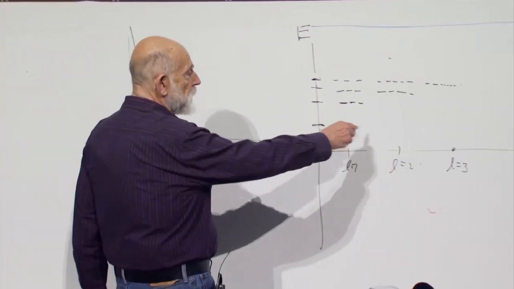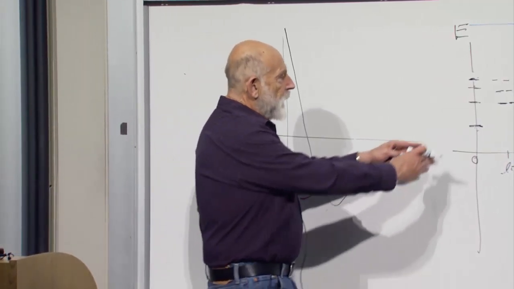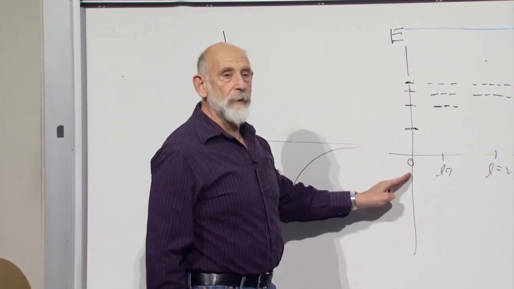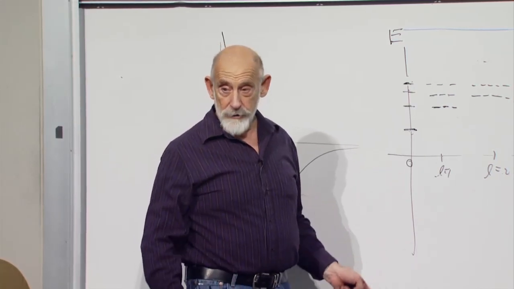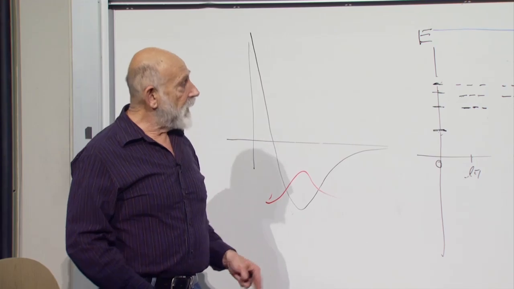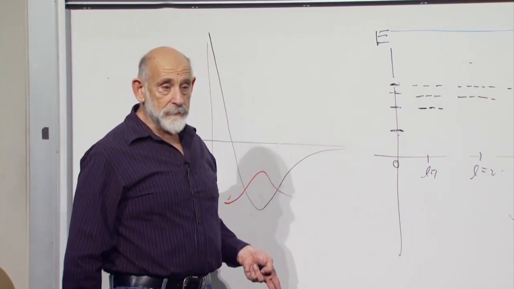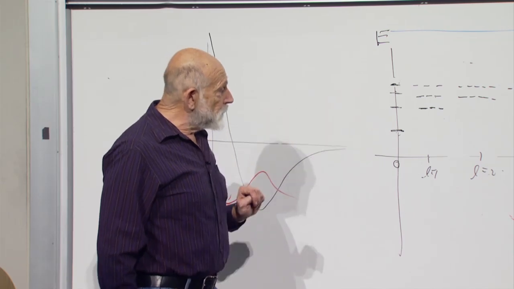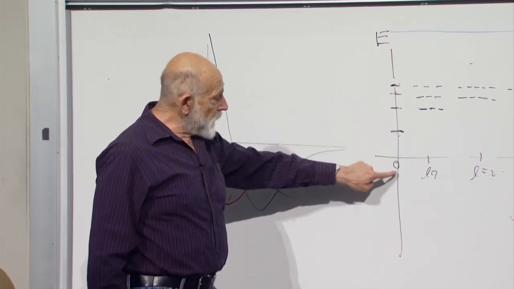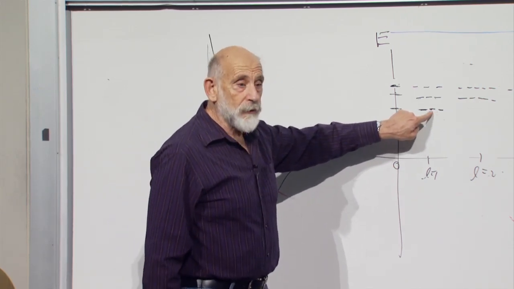What is the degeneracy at each level? Here's the lowest energy level. There's only one state. It has angular momentum 0. It's called the ground state. It's the lowest energy state of the atom. If this were the hydrogen atom, for example, it would be the most deeply bound state. Then you go up one level. You go to the first node of the 0 angular momentum state, or no nodes for the angular momentum.